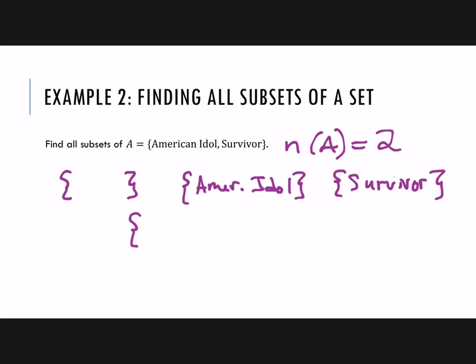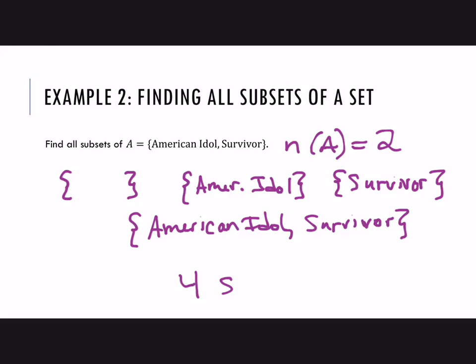Or I could take the set of everything in that set, American Idol and Survivor. So I can have one subset with 2 elements. And then that's it. So I have 4 different subsets of that set.